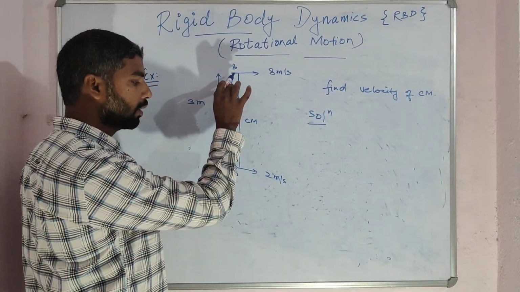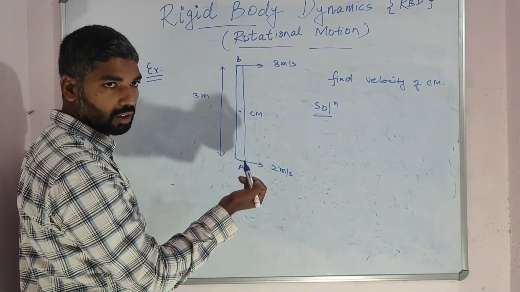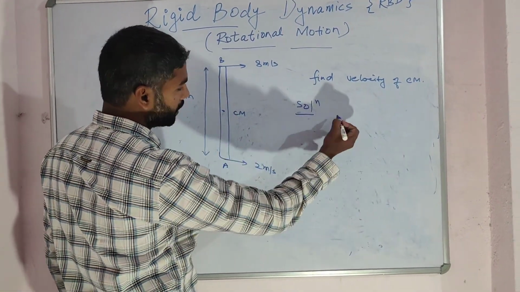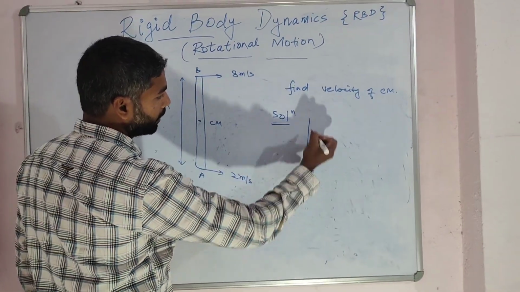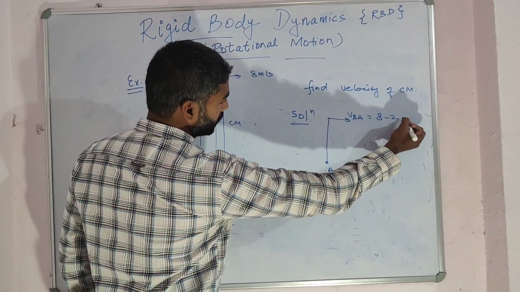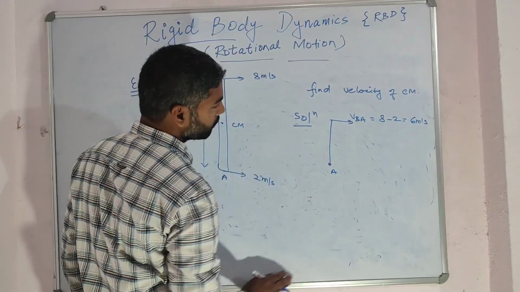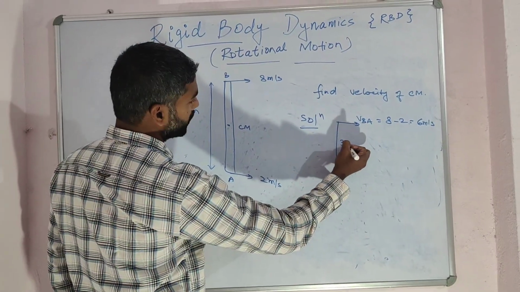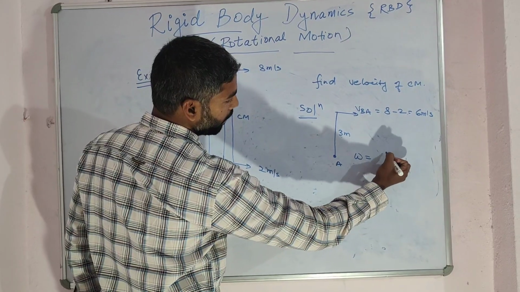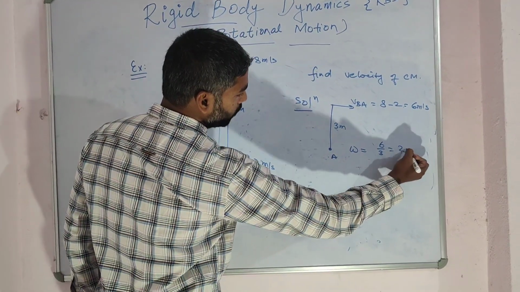It will be the same for B with respect to A or the center of mass with respect to A. With respect to A, it has velocity V_BA of 8 minus 2, 6 meters per second, and this distance is 3 meters. So we get angular speed as 6 by 3, 2 radians per second.